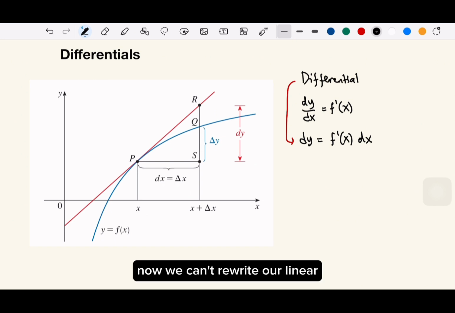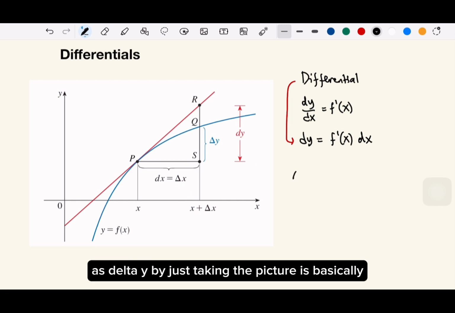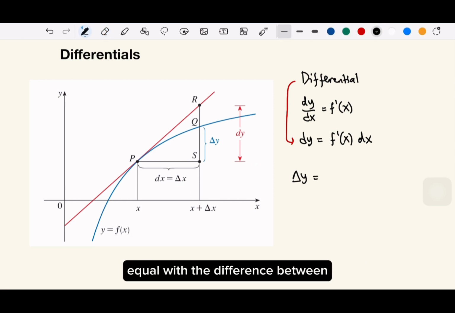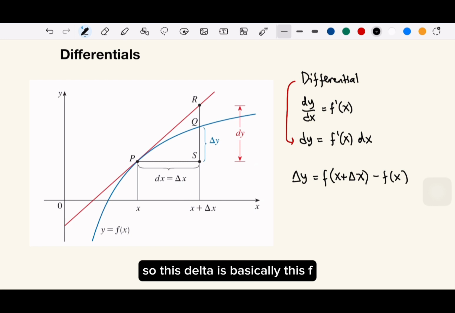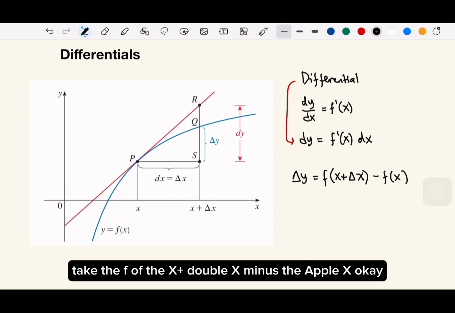Now, we can rewrite our linear form as delta y, which is basically equal to the difference between these two f. So this delta y is basically f of x plus delta x minus f of x, which is here.